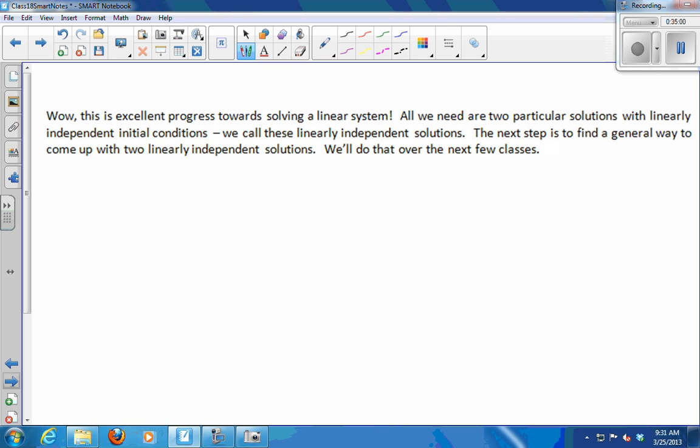So we need two linearly independent solutions. So the next step is that we have to find a way to come up with those two linearly independent solutions. That part is a little bit harder, but once you get two, whether it's by magic or some analytic method, once you have two, you have all of them.